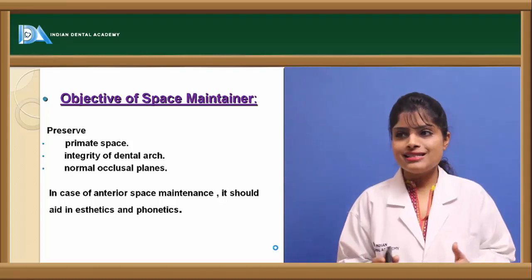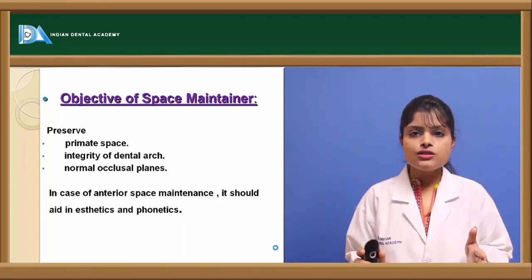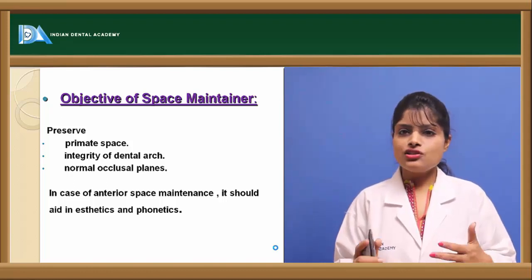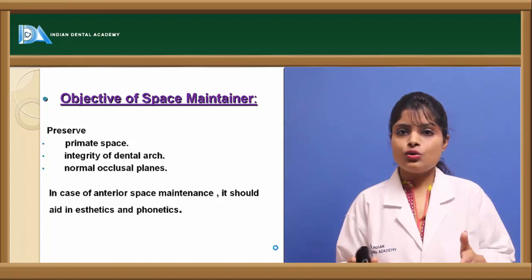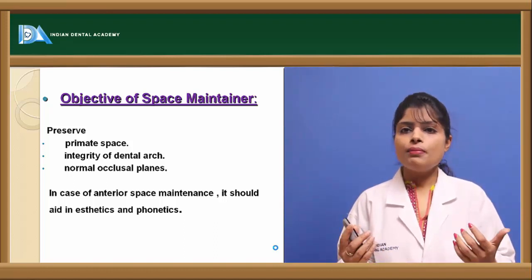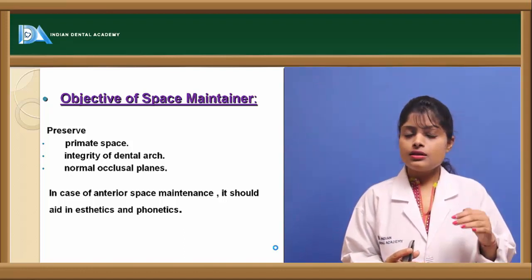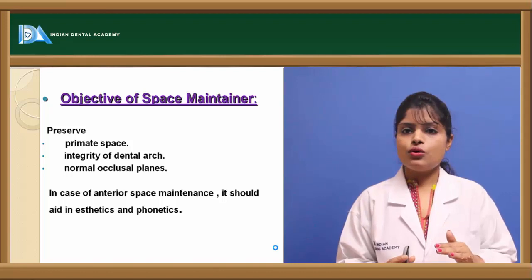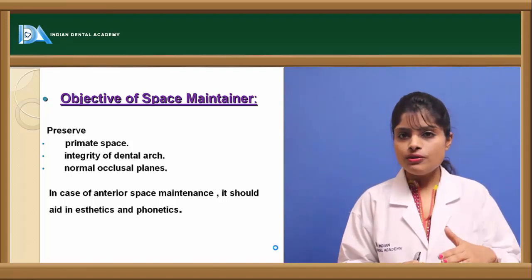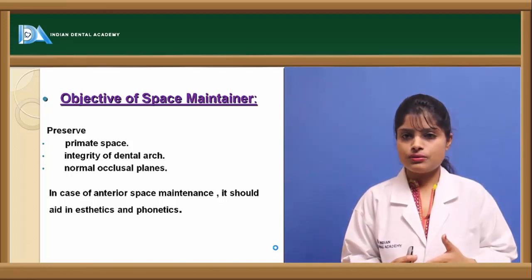of a primary dentition. Moreover, a space maintainer also maintains the integrity of the dental arches. It prevents the collapse of the arches and maintains the proper perimeter of a particular arch. The space maintainer also preserves the normal occlusal planes of the mandibular as well as the maxillary arches.